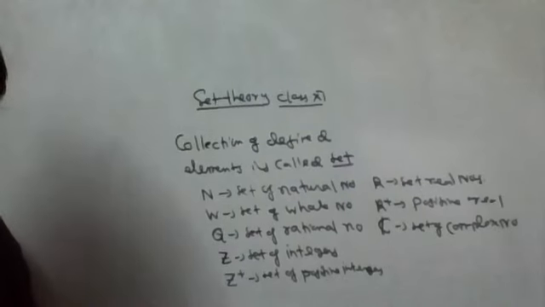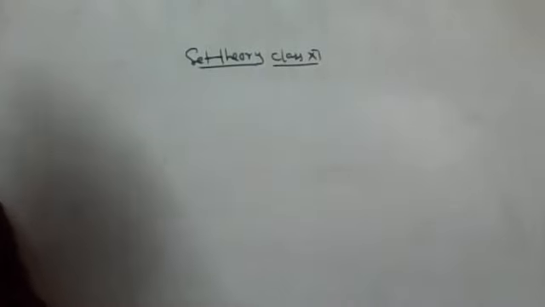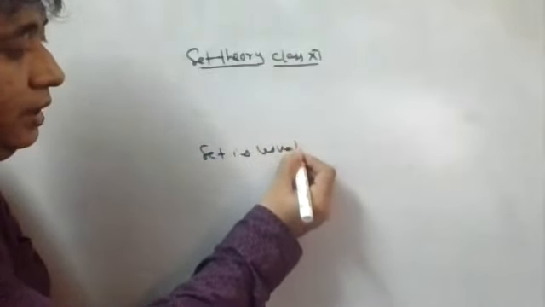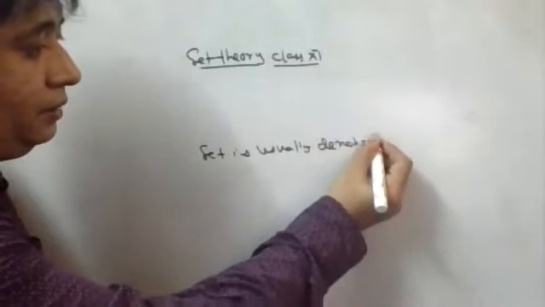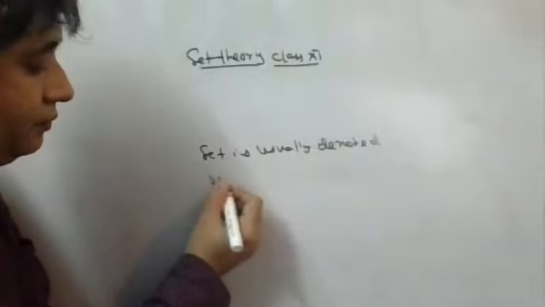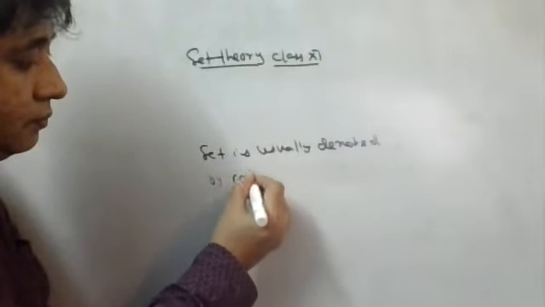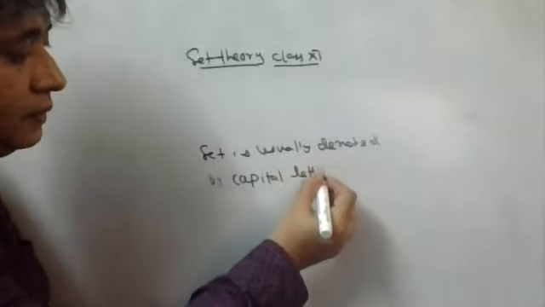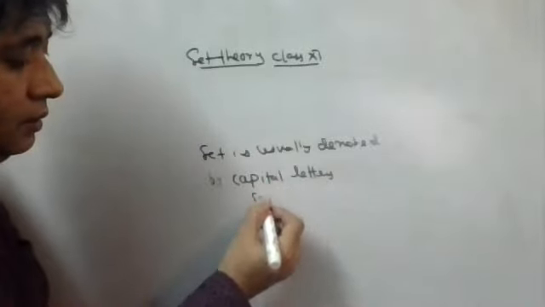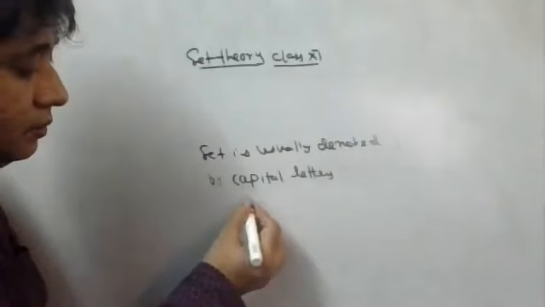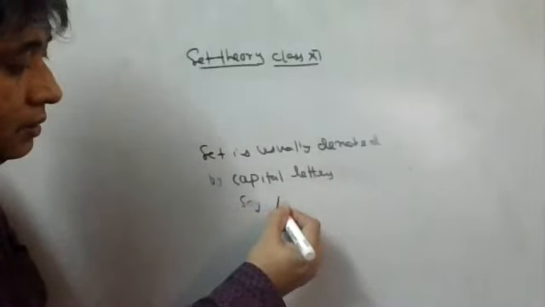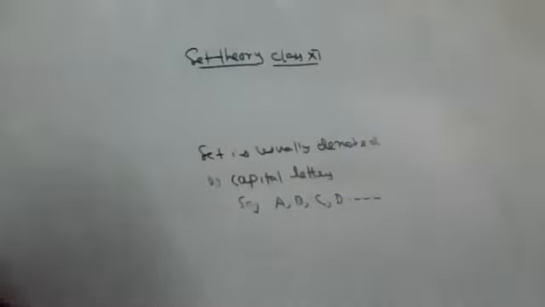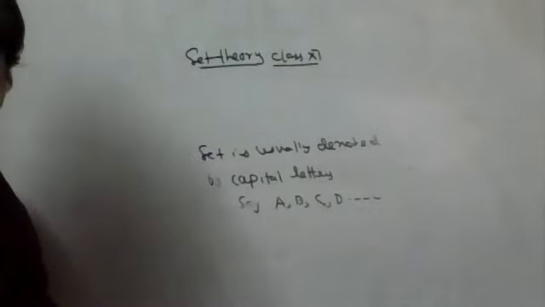A set is usually denoted by capital letters, say A, B, C, D, etc. So a set is generally denoted by capital letters.